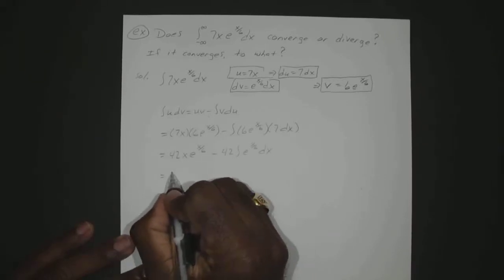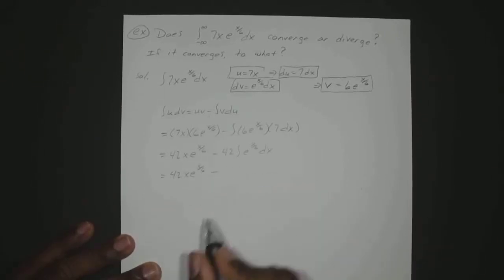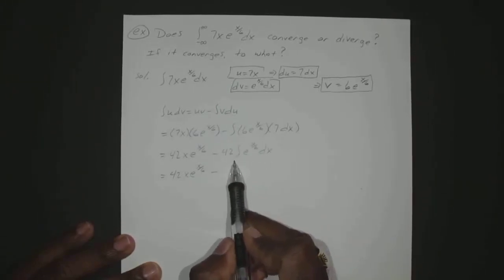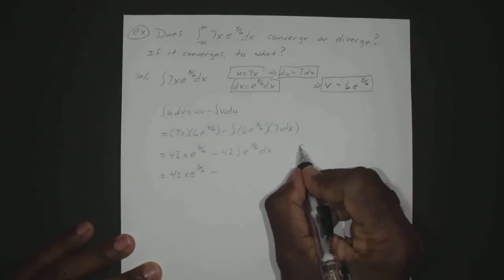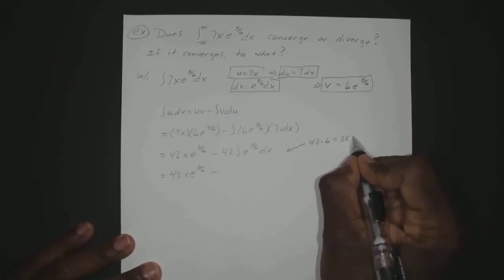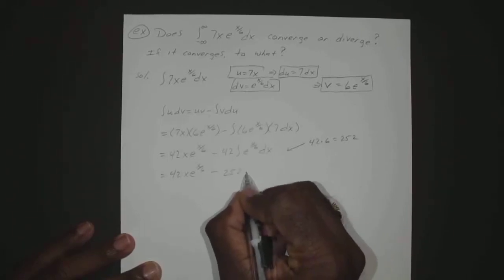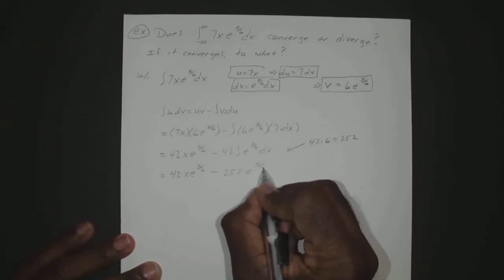Okay, so we end up with 42x e to the x over 6 minus 1 over 1 over 6, which again is 6. So 42 times 6 is 252. So we end up with 252 e to the x over 6.